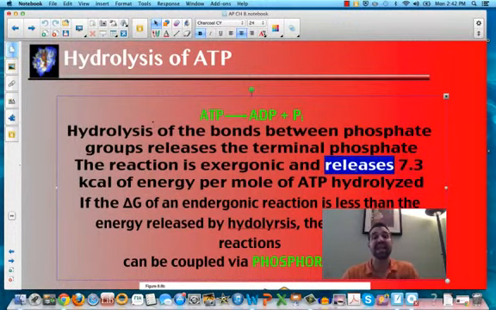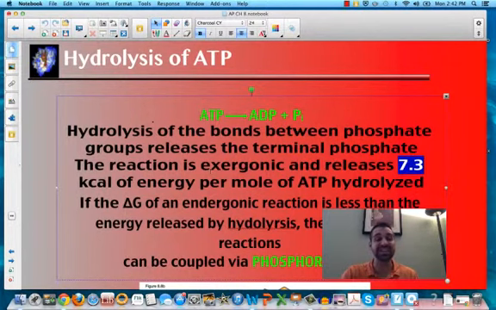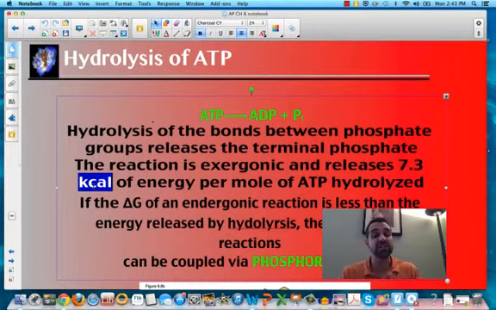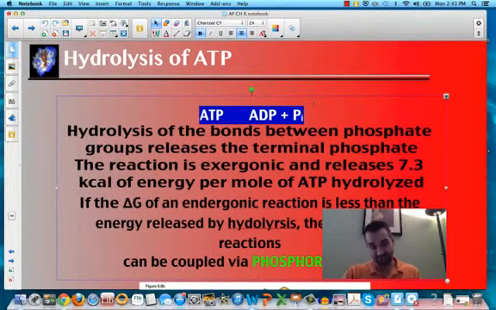This is a negative delta G. The hydrolysis of ATP releases 7.3 kcals. So this is a negative amount of delta G. Energy is being released. This is an exergonic process. The process highlighted here is an exergonic process.